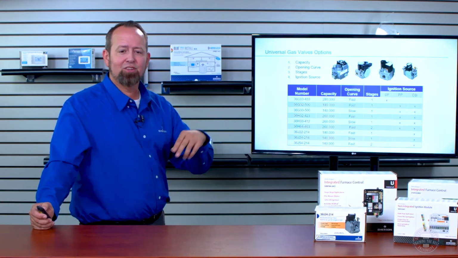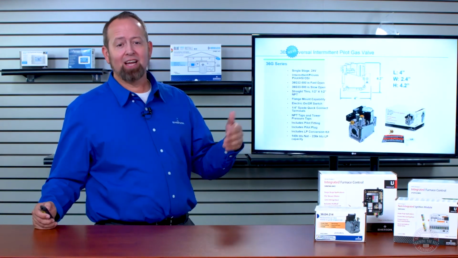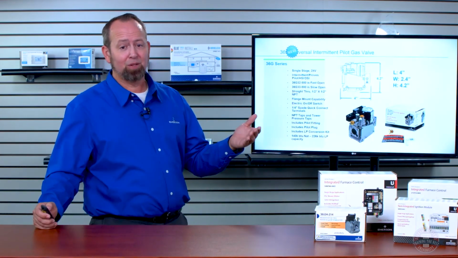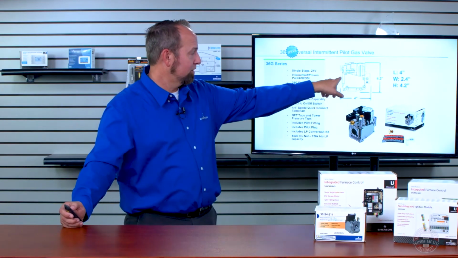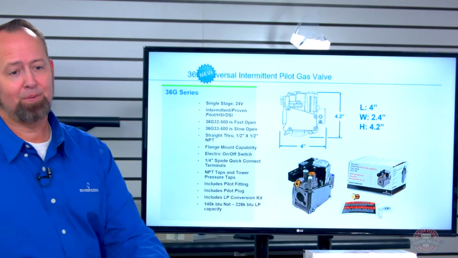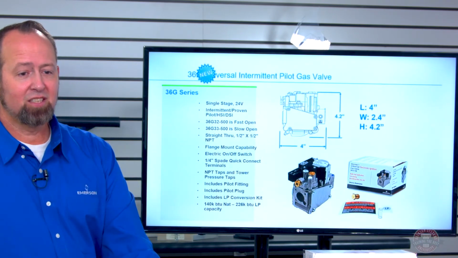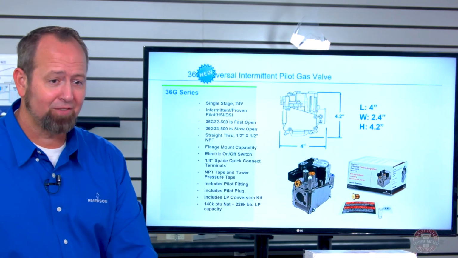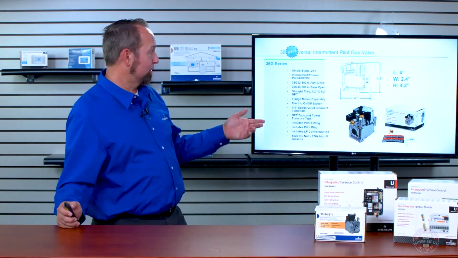We now have the 36G that can be utilized in place of some of those simply from this fact right here. 4 inches from pipe to pipe. A nice close application, so that this is a more compact valve that can fit in a lot of different places, and it's also very diverse.